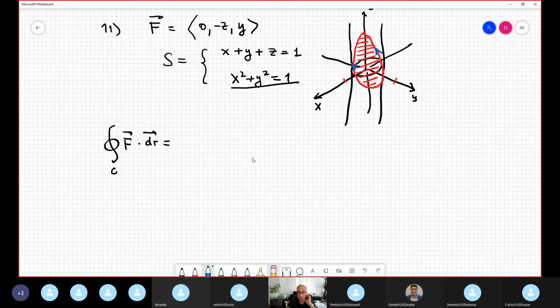I suppose the positive orientation is counterclockwise. And remember, if you assume the normal vector of the surface is out like that.